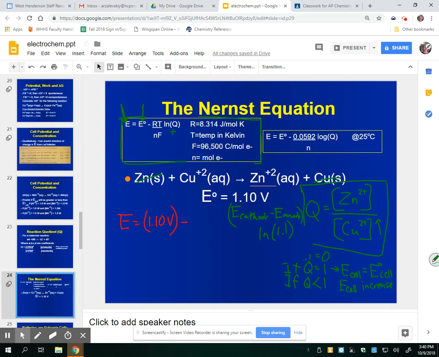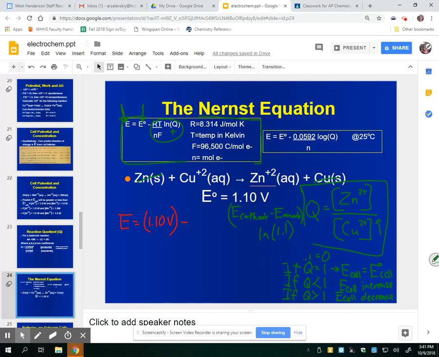So this whole term will be positive, meaning we're going to subtract a number from our standard cell potential. So our cell potential will decrease. If Q is greater than 1, then our cell potential decreases according to the Nernst equation. And that's how you would write it there.